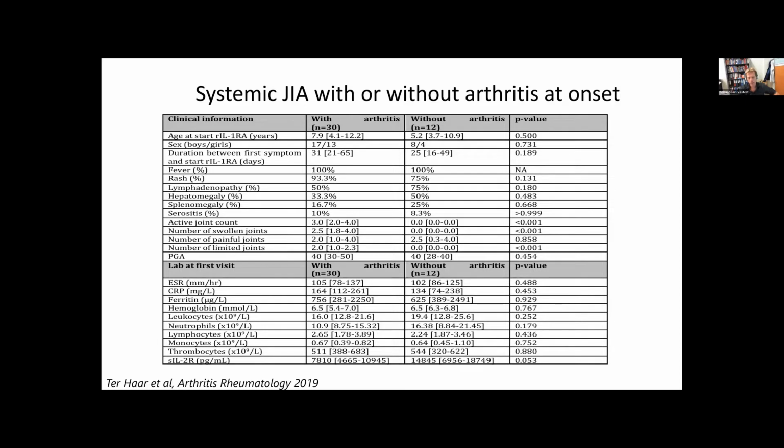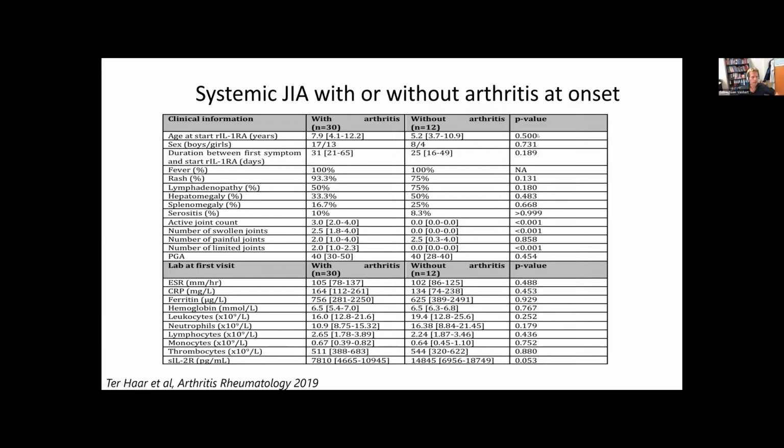In the follow-up, 5 of these patients developed arthritis in the later phase of the disease. So it's not that these patients cannot get arthritis, but at least at onset they did not suffer from arthritis. And except for arthritis, they were very, very similar.